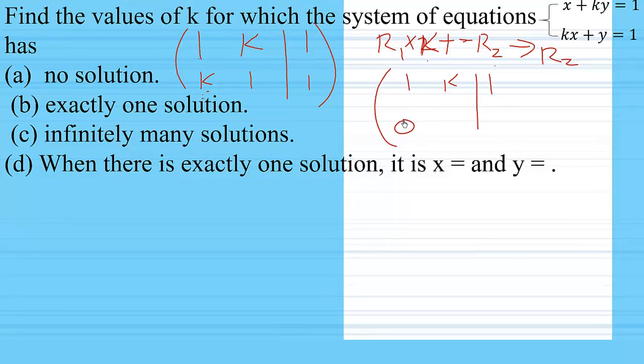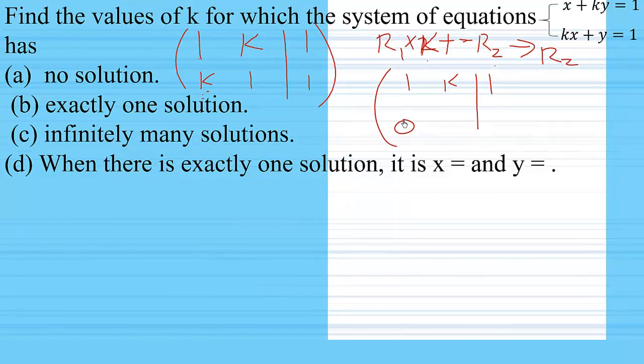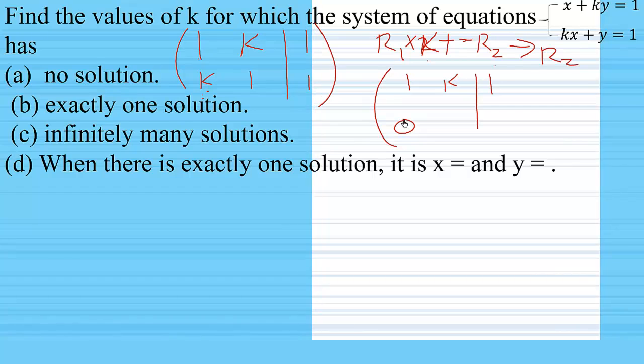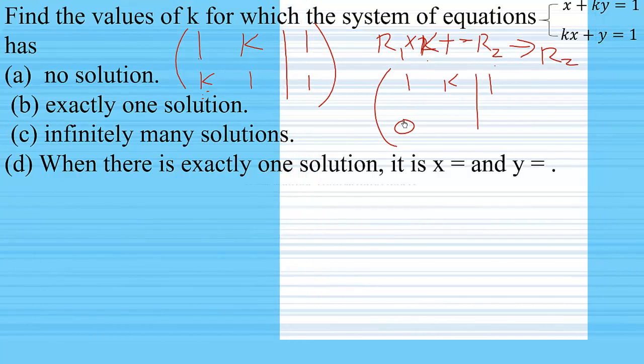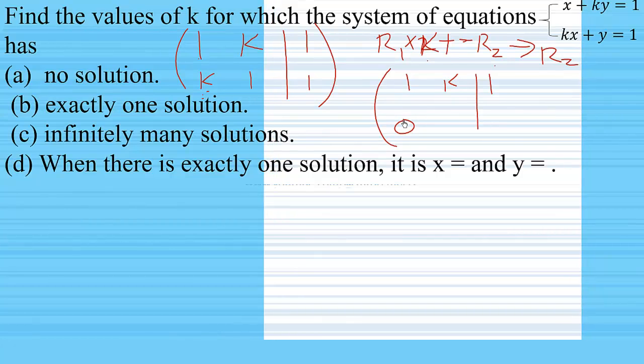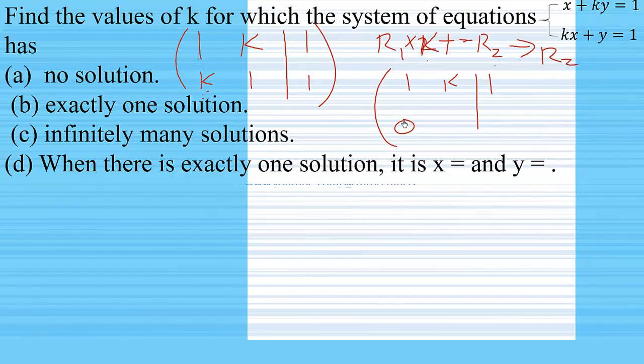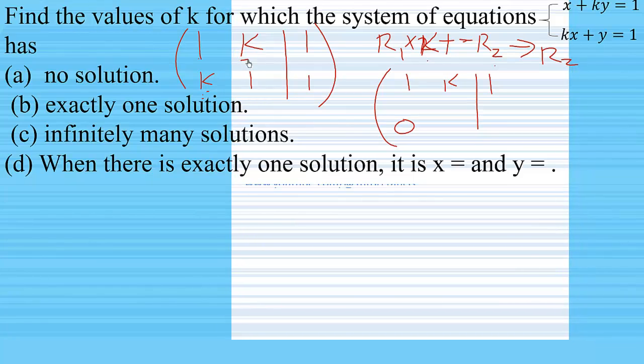Then we are going to get k times 1 plus negative of row 1. So k times k here is k squared plus negative of this.